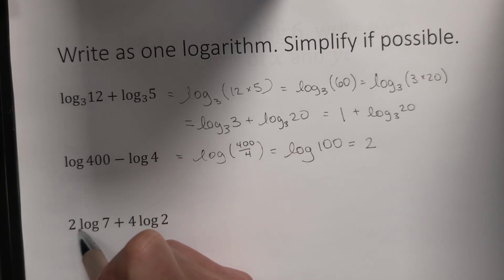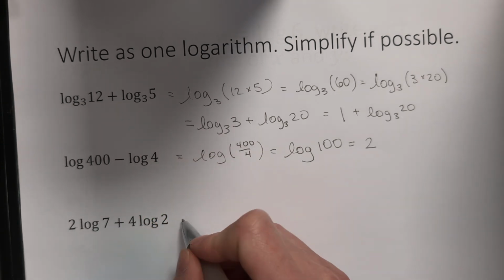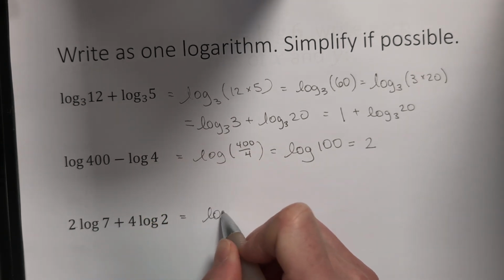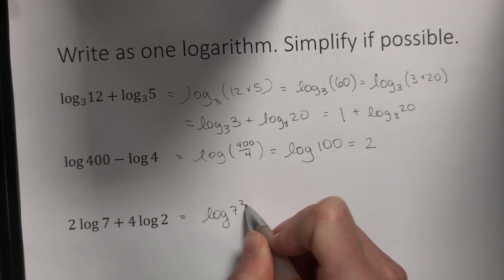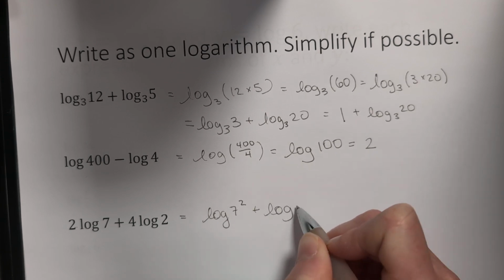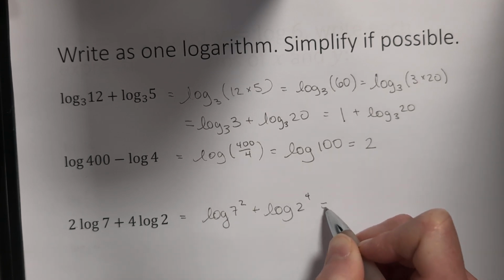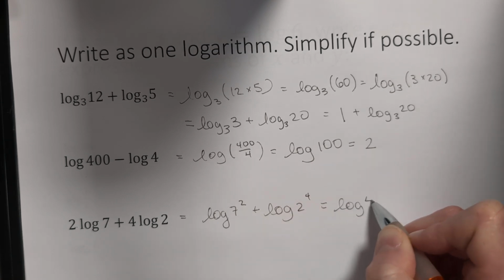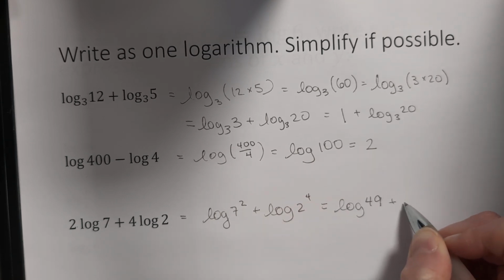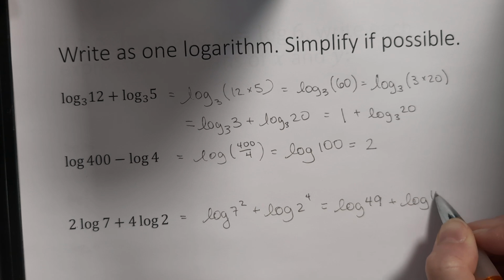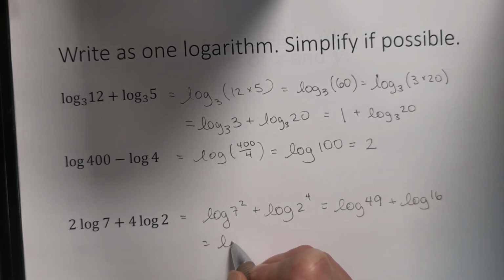This one, remember that this multiplication separate comes together as a power. So this is log of 7 squared, log of 2 to the 4th, or log of 49 and log of 16. Those can come together as multiplication.